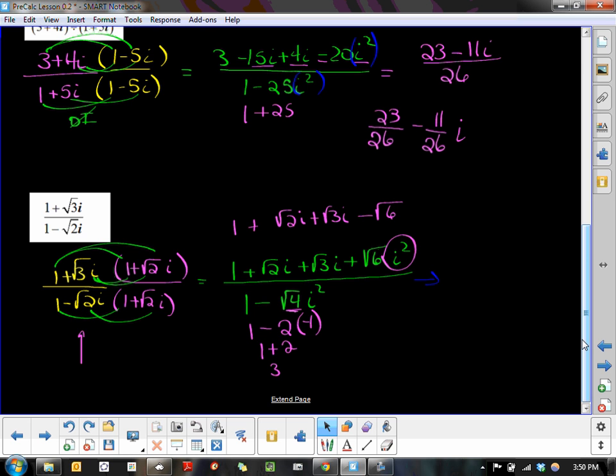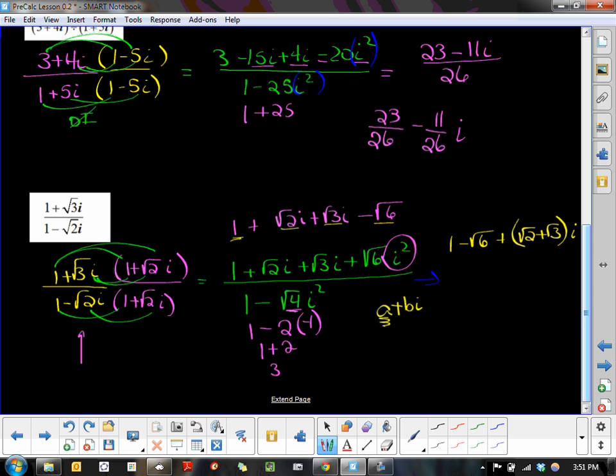Okay, so I'm going to come off the side here and hopefully I can get some of this squared away. Remember, we must get it in the form of a plus bi. So I need the real parts up front. My real parts are 1 and a negative square root of 6. So I'm going to put up a 1 minus the square root of 6. Then my imaginary parts are the square root of 2i and the square root of 3i. We're going to write that as (√2 + √3) i.